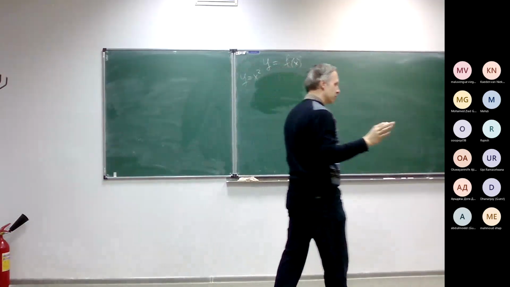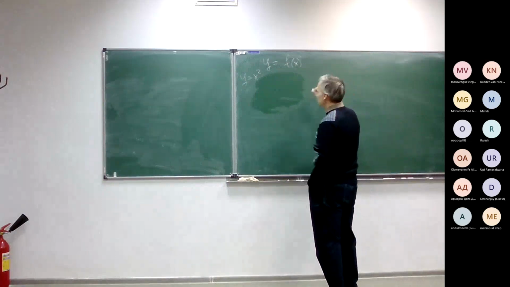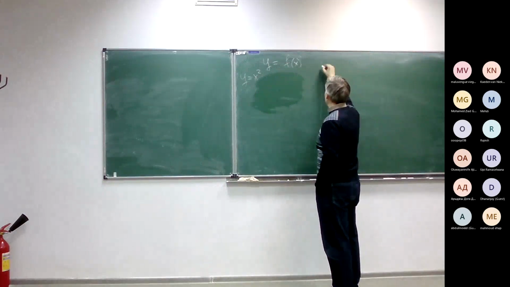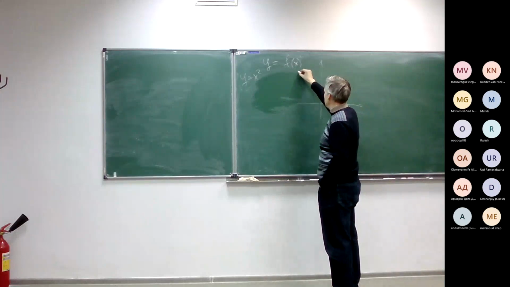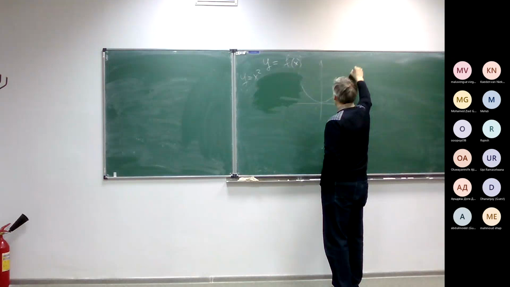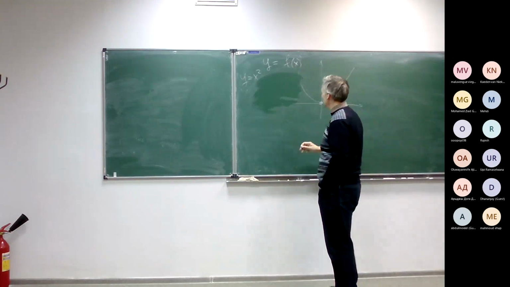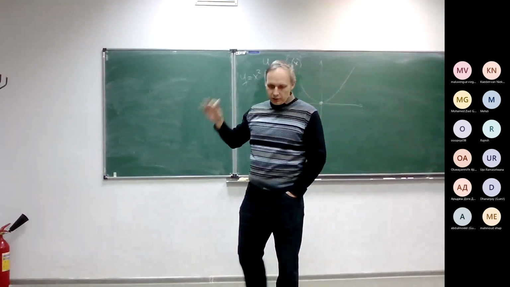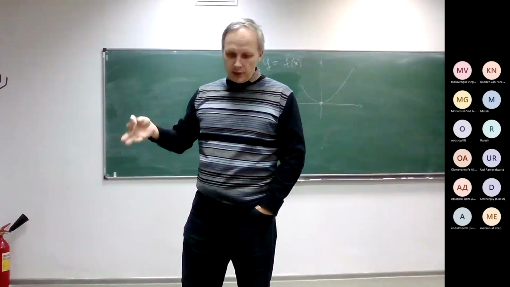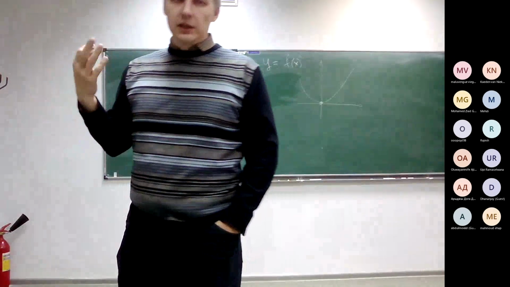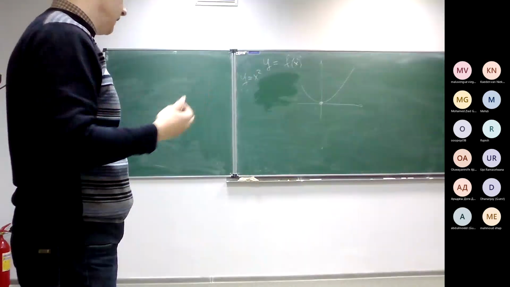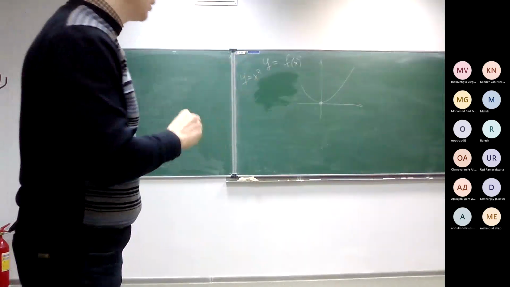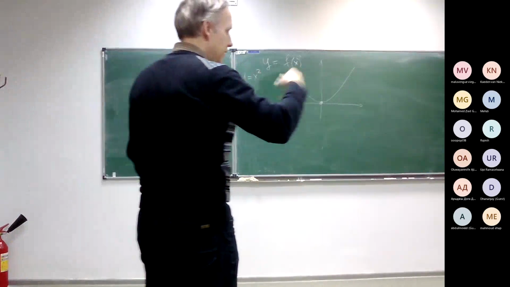Of course, you know this function. Let me draw a graph of this function. Yes, it's a parabola. Something like this. And of course, this function is continuous, because the graph of the function doesn't have any gaps.